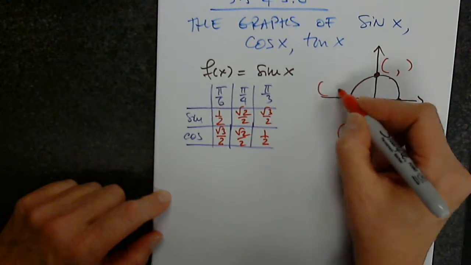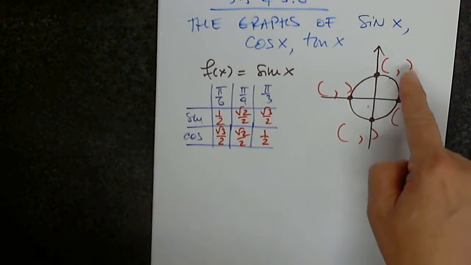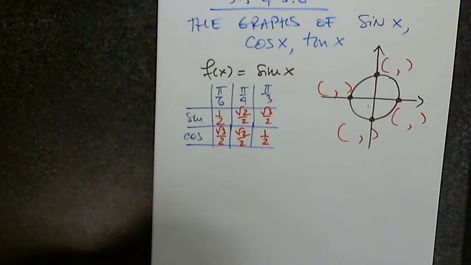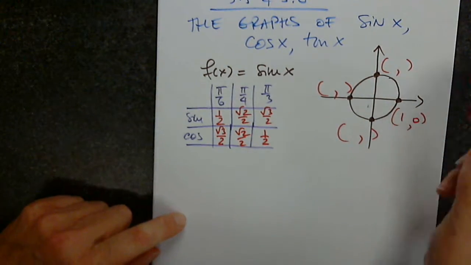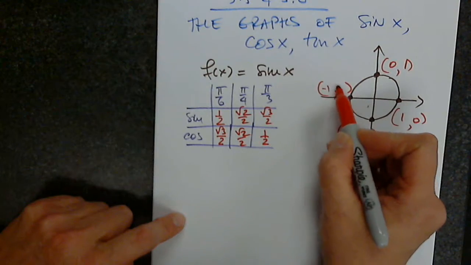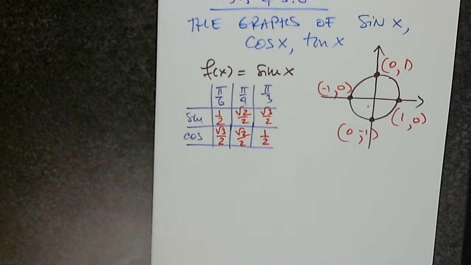Because I already know them from all this experience with math. I know the coordinates of this, this, this, and this point. So this point. Right. This point. Right. This point. And this point. Excellent.